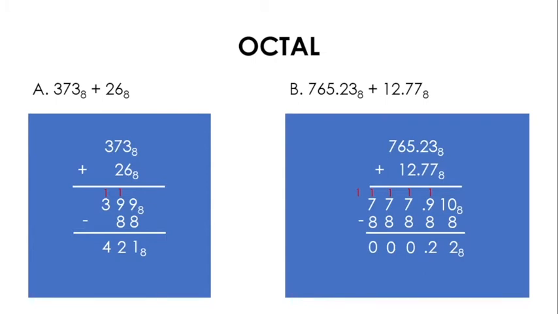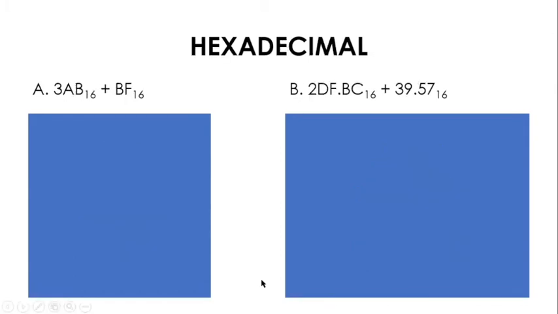And since there are no more numbers to subtract it from, and it is not greater than 7, we'll just have to bring down 1. So the final answer for this example is 1000.22 octal. For the last topic, we will be adding hexadecimal numbers.